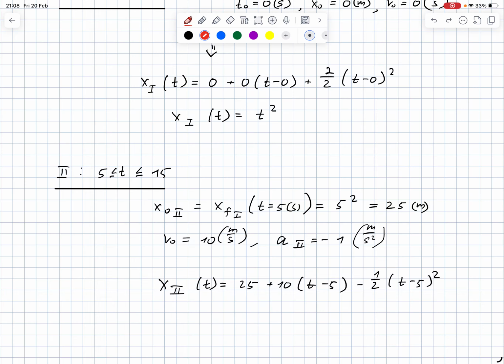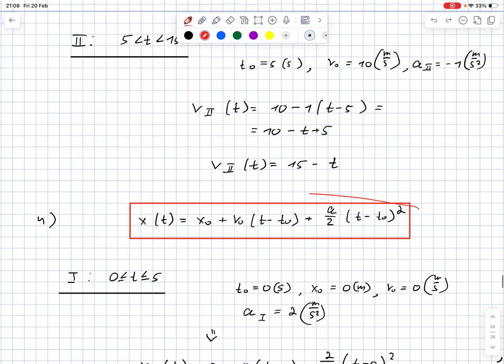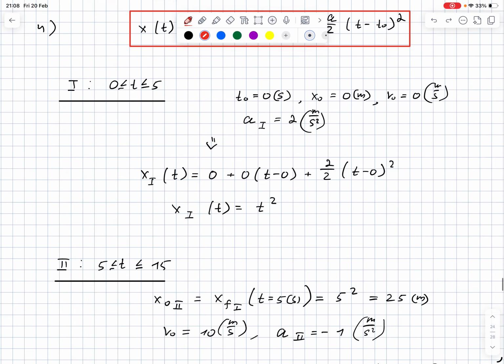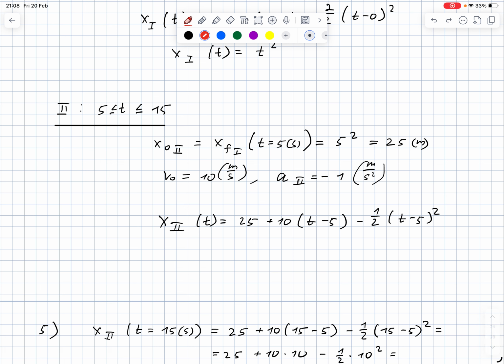Now again, we're going to substitute all those parameters with those values. This one, and this one. Which means that when time equals 5 seconds, the initial velocity is 10 meters per second, the initial position is 25 meters, and the acceleration is -1 divided by 2.